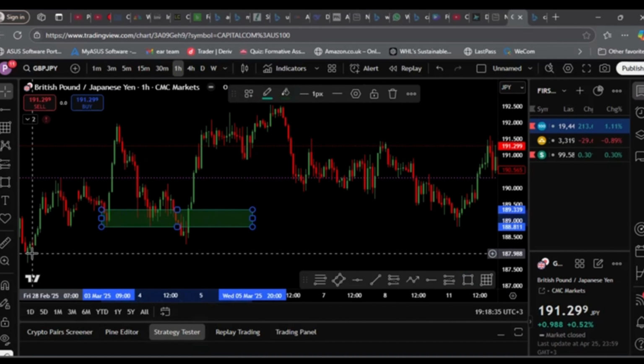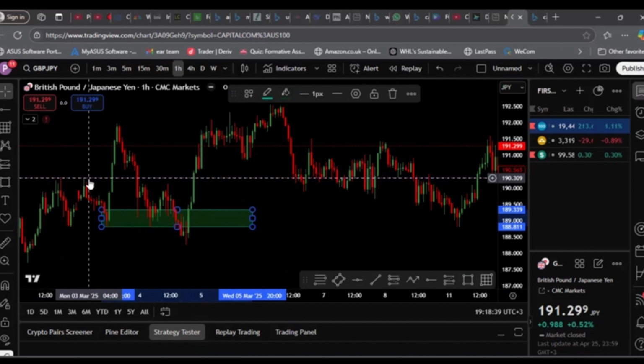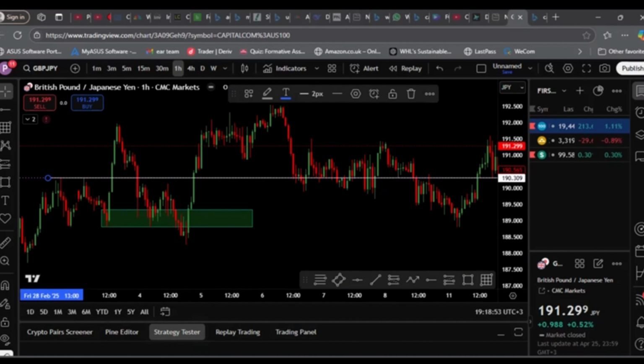And you can see from this area the price just moved, and then here it got rejected and rejected here. So for our order block to be valid, we need to have the break of structure or the change of character. In this case, we have the break of structure.